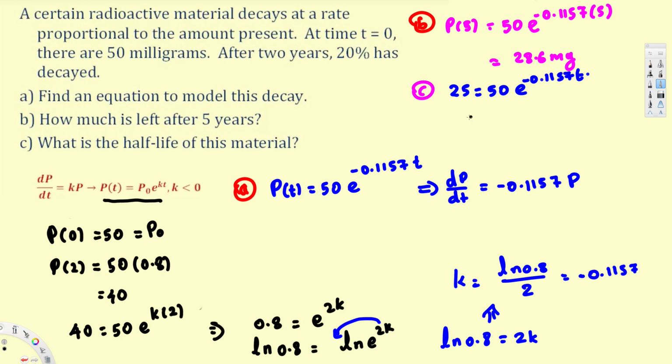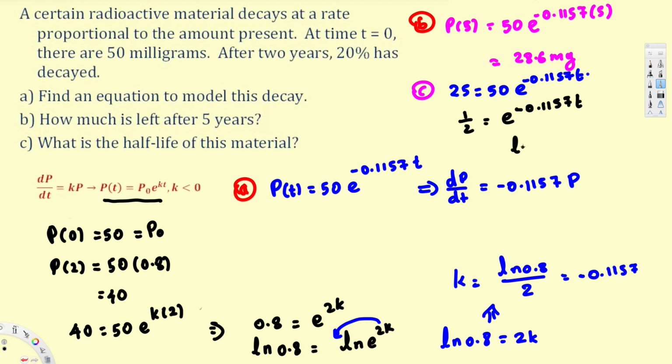If I bring this 50 to this side, that's going to be half, equal to e to the power negative 0.1157 t. This is always going to be half, whatever the value you have here. To get rid of this e, we can take ln on both sides.